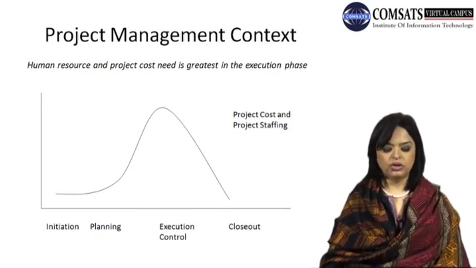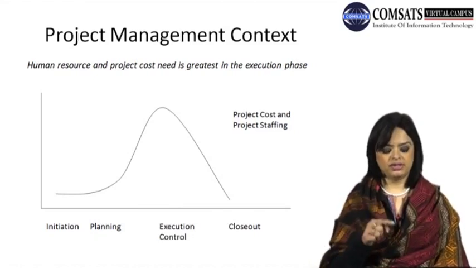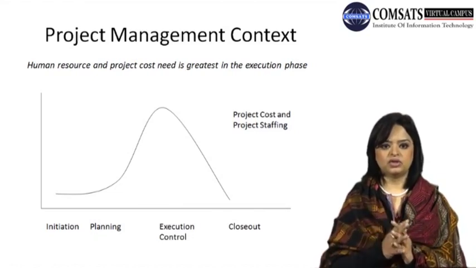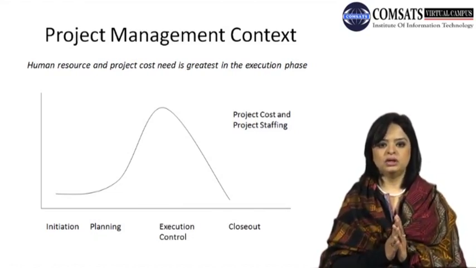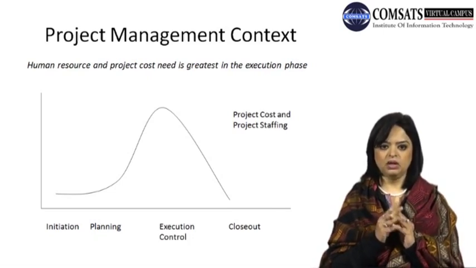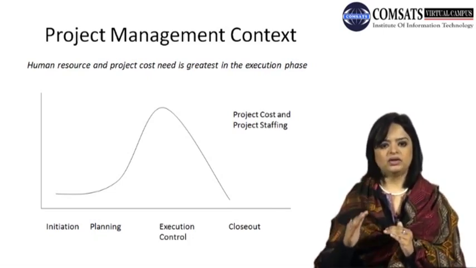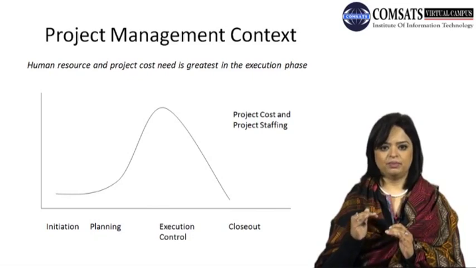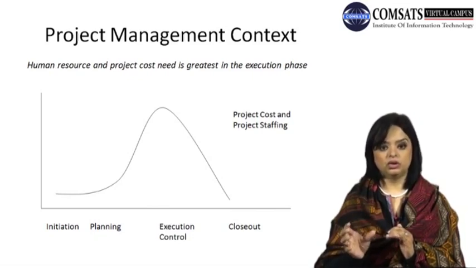And obviously, if you notice, the control phase is right next to the execution phase. So execution and monitoring and control always goes hand in hand. There's a slow and gradual moving down from cost and resource perspective, finally coming down to the closeout phase.